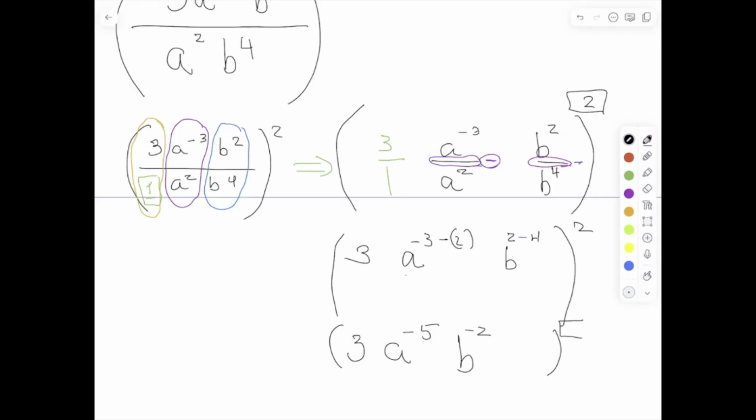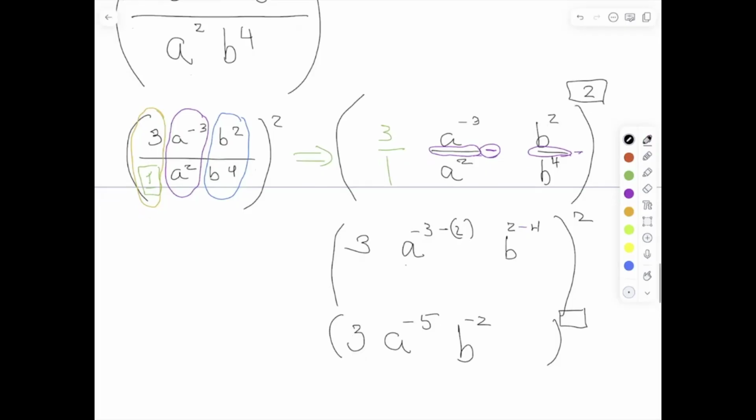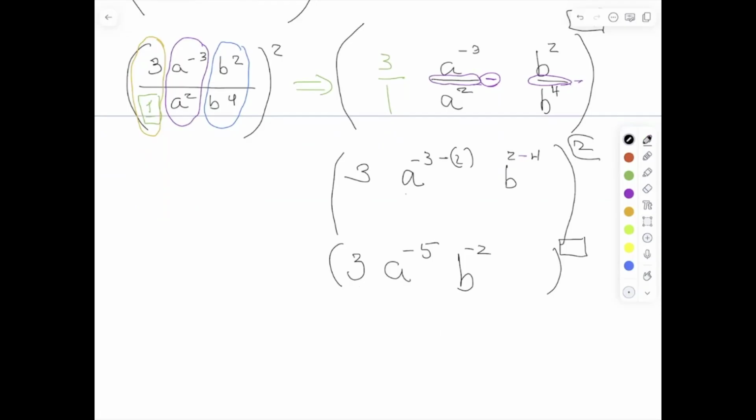What is outside here? A 2, right? That's my Power Ranger. Go, go, Power Ranger. Call my Megazord. So I'm going to distribute that 2 to the 3, the 2 to the negative 5, and the 2 to the negative 2.